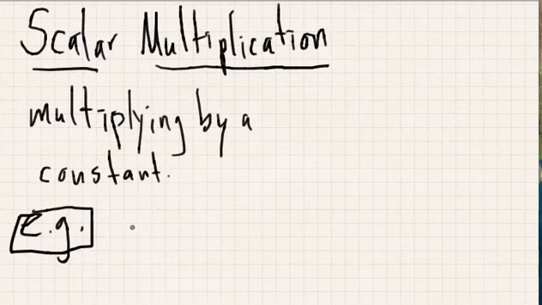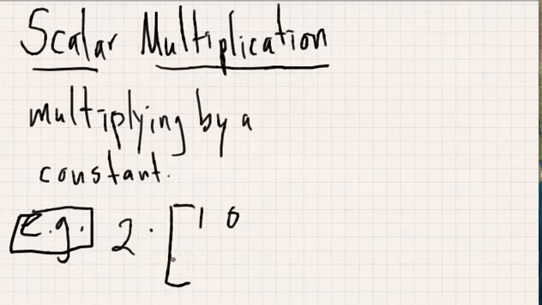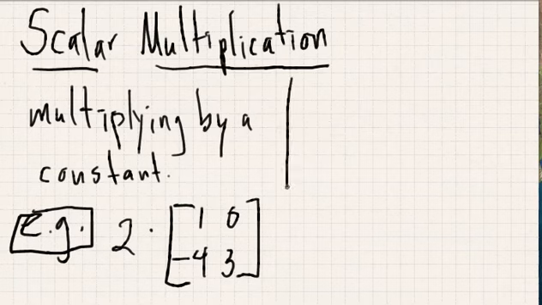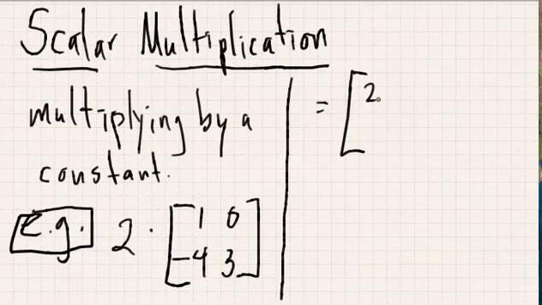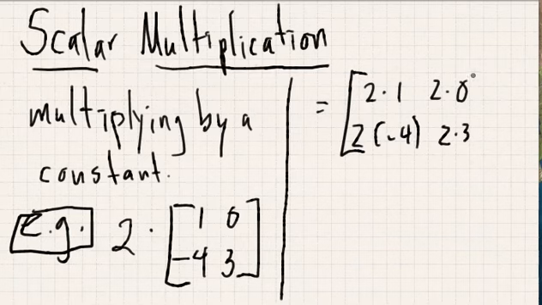So let's suppose I took 2 and I were to multiply that against the matrix 1, 0, -4, 3. You might have a guess as to what that should be. Well, I just take 2 and multiply that against everybody on the inside: 2 times 1, 2 times 0, 2 times -4, 2 times 3.